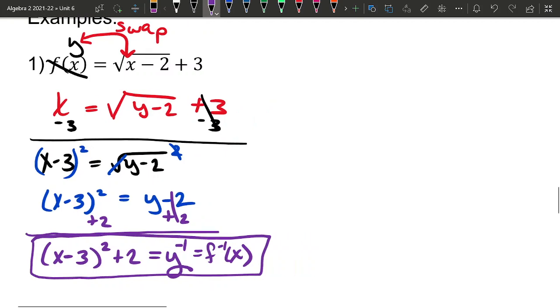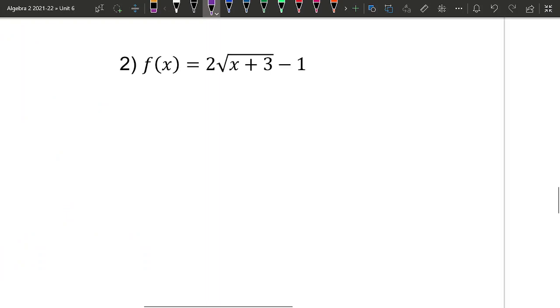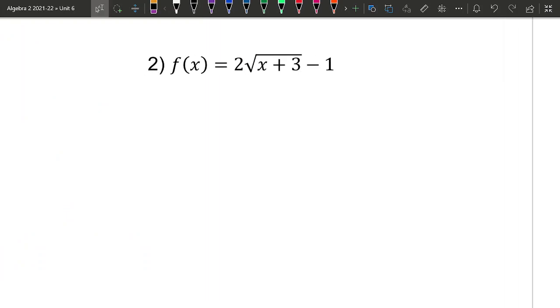Let's look at the second one. First thing we're going to do is turn the f of x into a y. And now I can swap x and y.